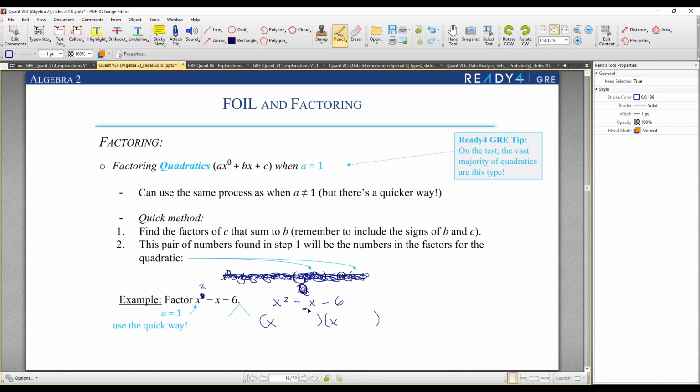Really close, Lauren. Our factors of 6 are going to be 6 and 1, and 2 and 3. And remember that we know that it's a -6, so one of these is going to be positive and one of these is going to be negative. And we need to pick the combination that gets us a -1.